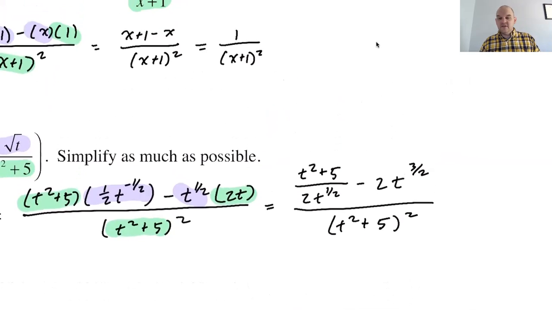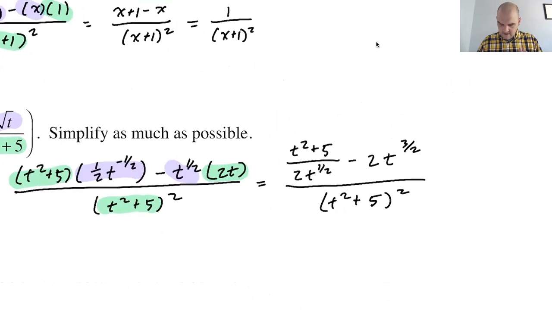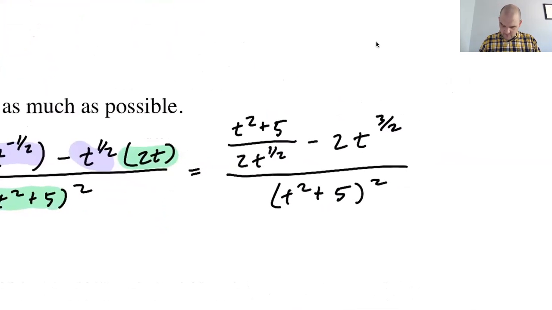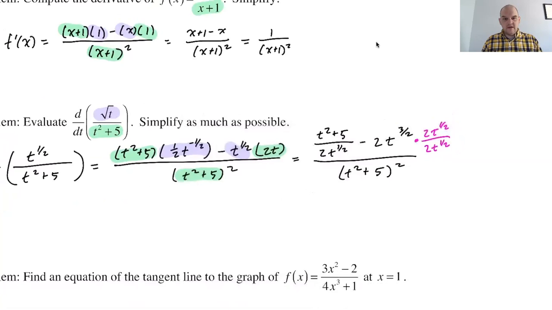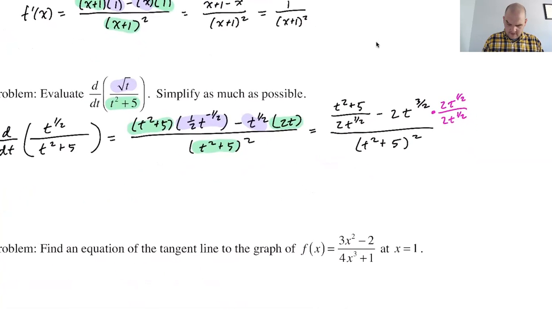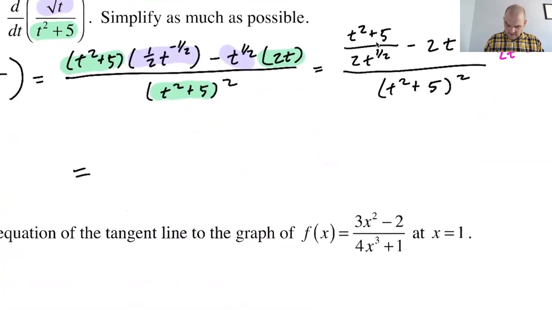Now, focus on the numerator. In the numerator, what is your common denominator? It's 2t to the 1/2. So I'm going to multiply this by 2t to the 1/2 over 2t to the 1/2, and that'll give me a common denominator. So that'll give me t squared plus 5, and then minus 4t, right?